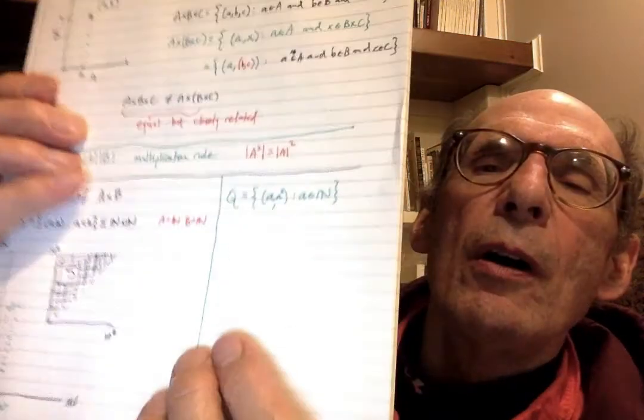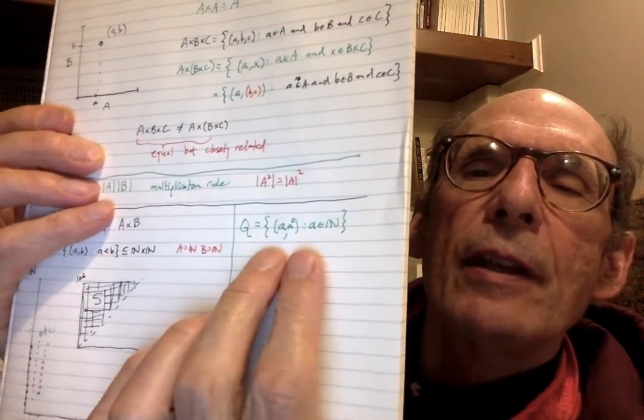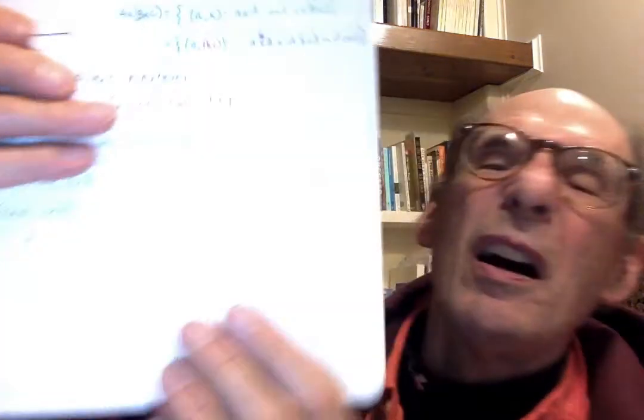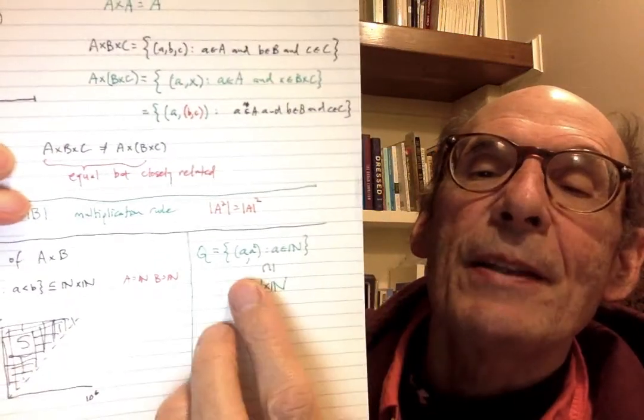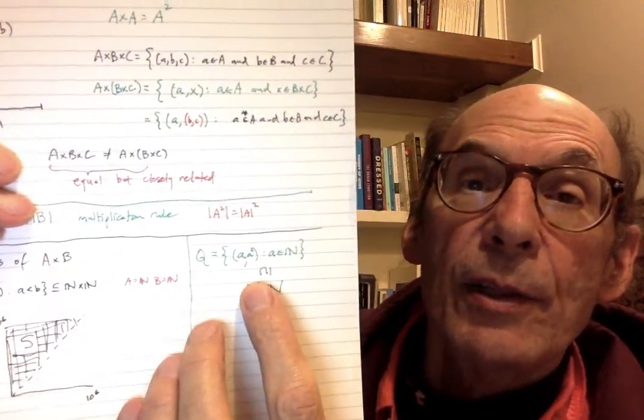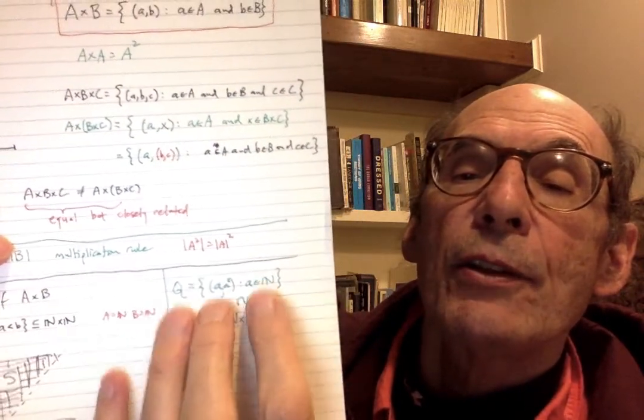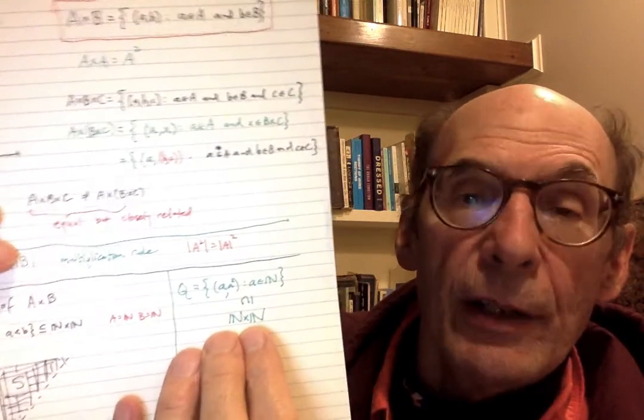So I have one point in this set for each natural number, and this is a subset of N cross N. That's very important. Sometimes when people are running out of space, they write the subset symbol vertically instead of horizontally. So I'm saying that this set Q is a subset of N cross N.